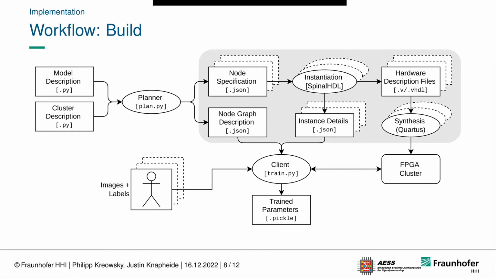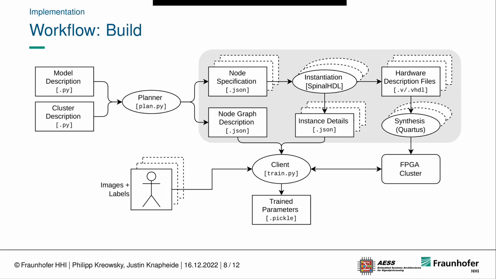Using these, we use SpinalHDL for each FPGA, which, with the help of the node specification, emits hardware description files in Verilog and some instance details, let's say offsets of DRAM addresses and so forth.